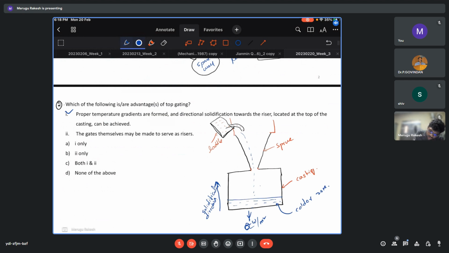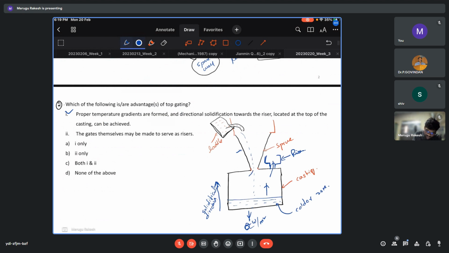Suppose there is a riser here. Normally the riser will be of the same size as the casting or even bigger, and cylindrical. Since the solidification is occurring in this direction, it will move towards the riser. So if there is any liquid shrinkage, the riser can supplement it. Even if there is no riser, since the solidification is upward, the casting itself can serve as a riser. The gates themselves may serve as risers.